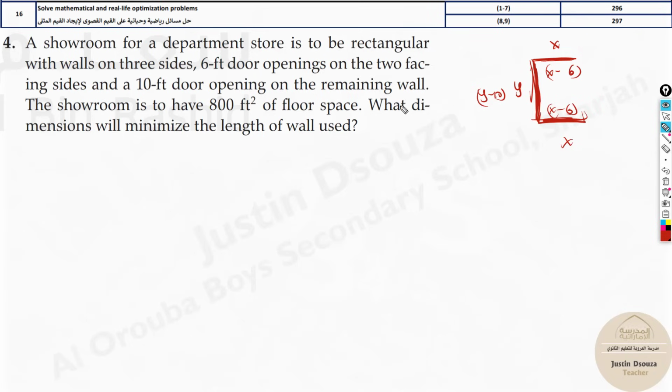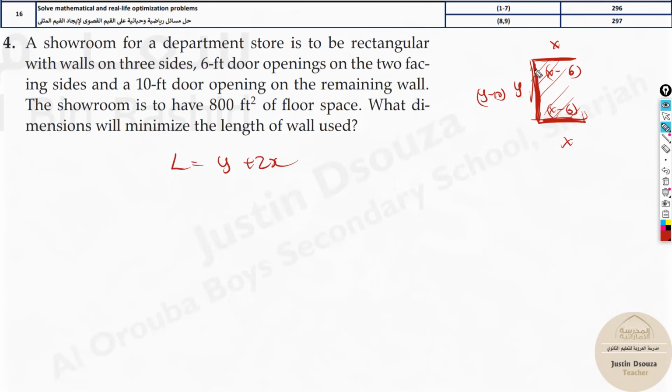So, what dimensions must minimize the length of wall used? We must minimize the length of wall being used. The area is given. The floor space means all this region, right? That's basically the area. So, how do we solve it is, first of all, it's not the perimeter exactly, because over here we are removing some part. Let us write it in terms of length will be equal to y, there's only one y plus 2x.